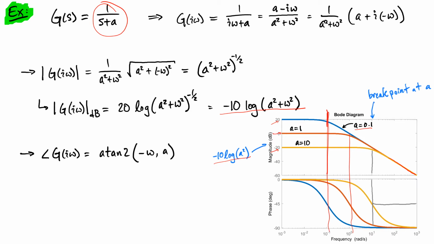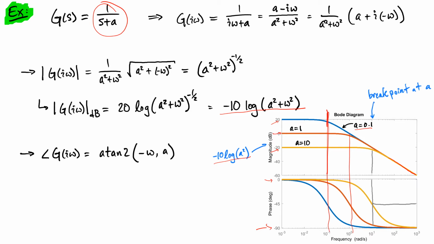The phase diagram looks almost identical. The only difference is the breakpoint happens where omega is equal to a, but otherwise it is a phase delay starting at 0 at small frequencies and ultimately yielding minus 90 at high frequencies.